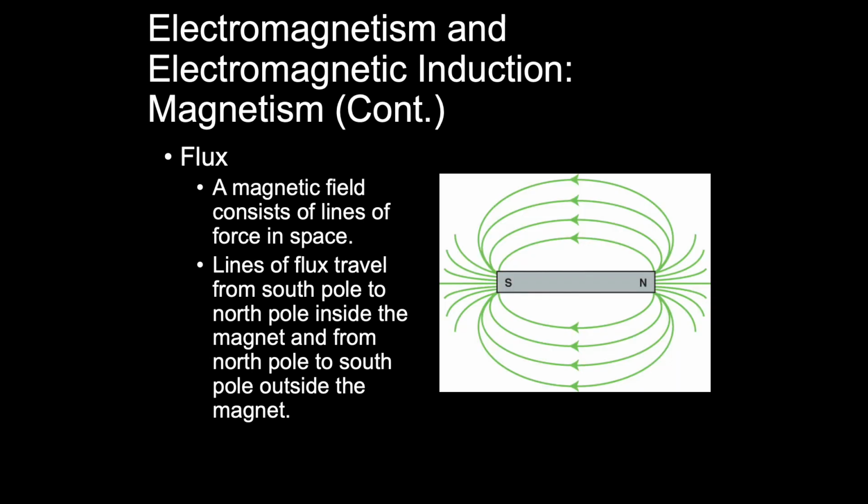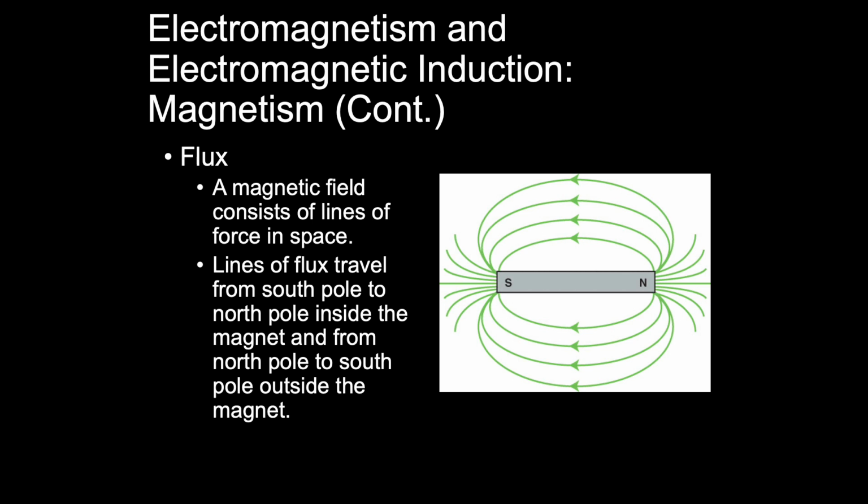A magnetic field consists of lines of force in space, and these are called flux, and they have three basic characteristics. First, the lines of the flux travel from the South Pole to the North Pole inside the magnet, and from the North Pole to the South Pole outside the magnet, and this creates an elliptical loop. And you can see that in this figure 4-2.